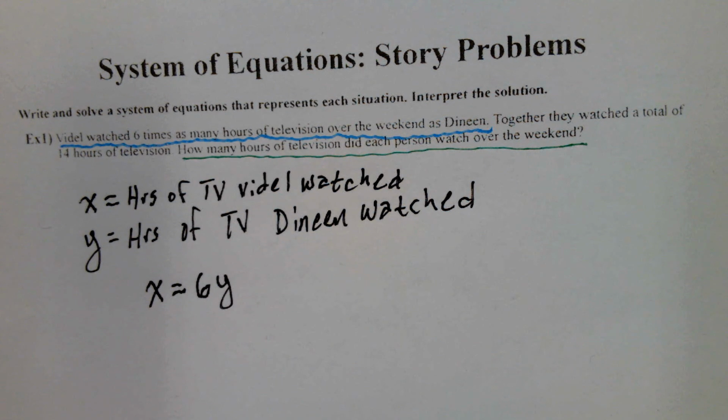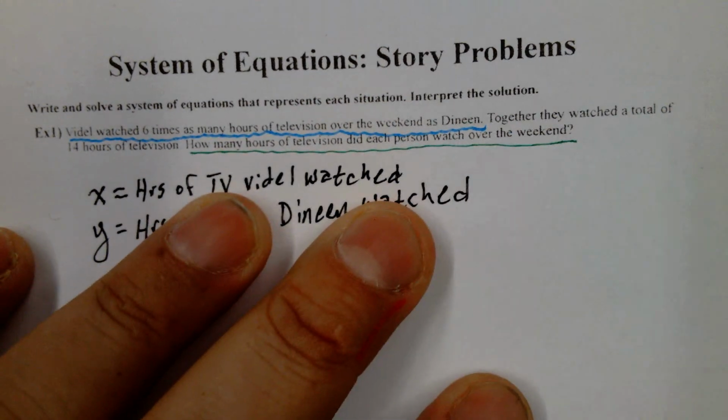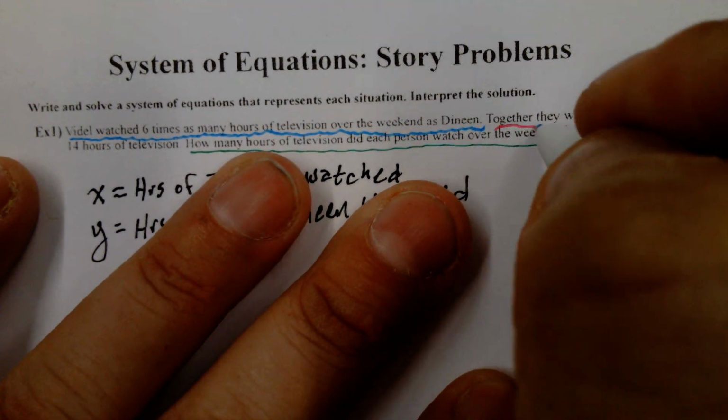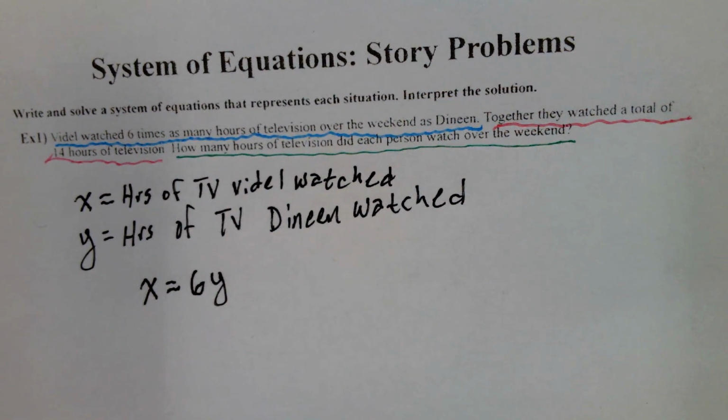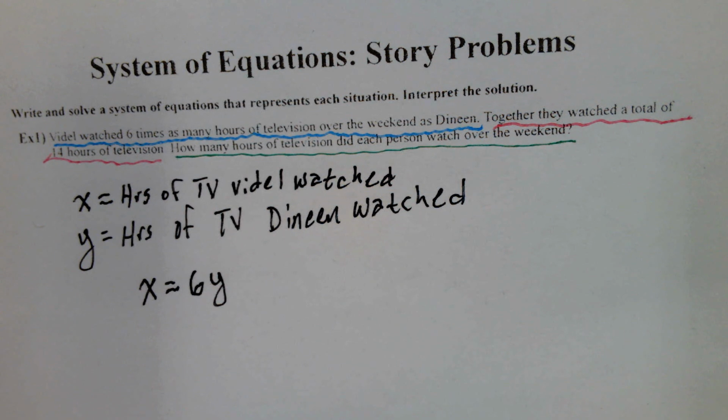Now we're going to get another equation. And that's going to come from this part. It says together they watched a total of 14 hours of television. When we think together, which math operation are we doing? Adding, subtracting, when we put things together. Adding.